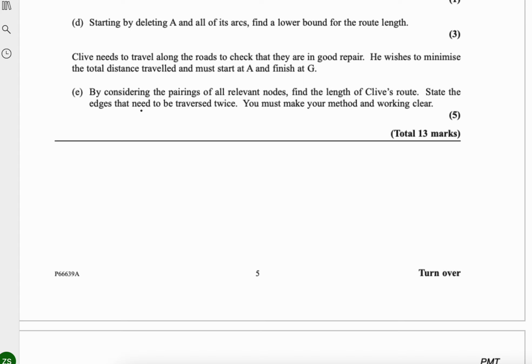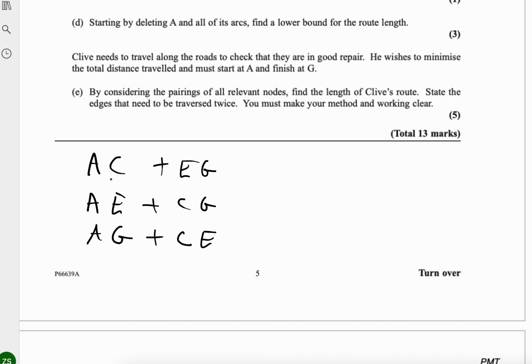So the pairings, I could do A with C, A with E, and A with G. A to C means E connects to G, A to E means C connects to G, and A to G means C connects with E. So I need to find the shortest path between these. AC plus EG is 42 plus 32.